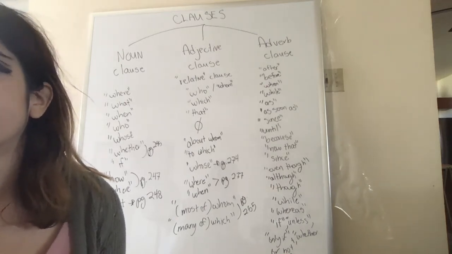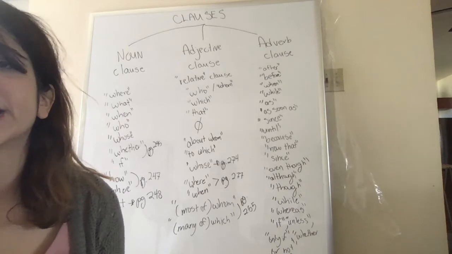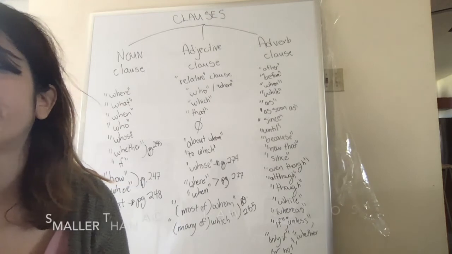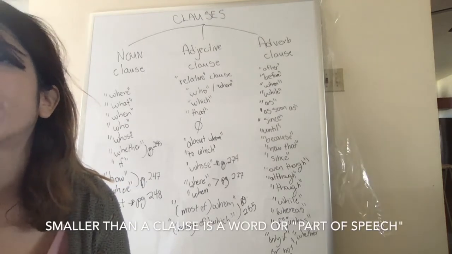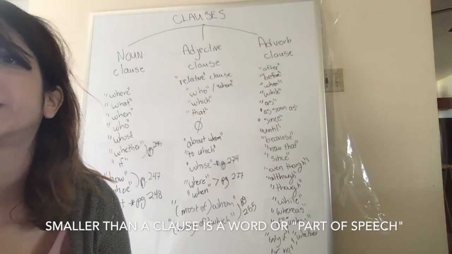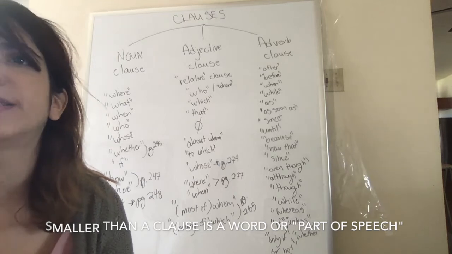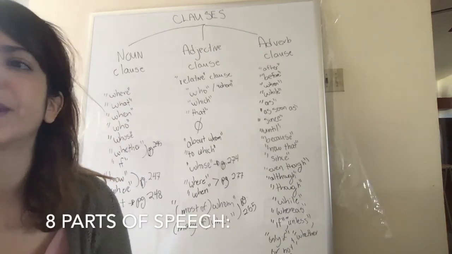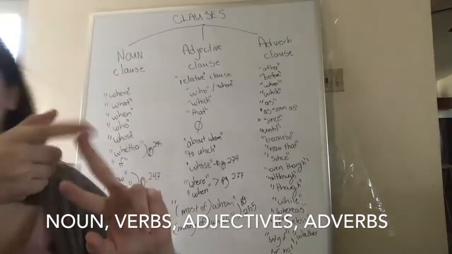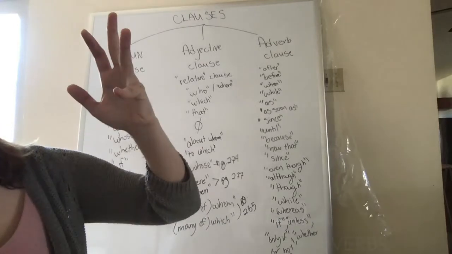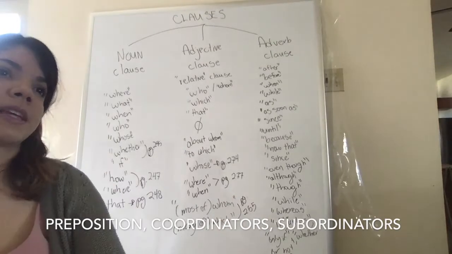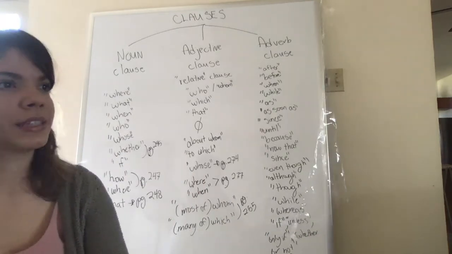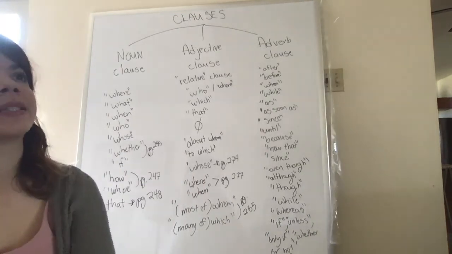After clauses, we have phrases. After phrases, we have grammatical categories. When we use the term grammatical categories, we're referring to the parts of speech, the 8 parts of speech. What are the 8 parts of speech? Noun, verb, adjective, adverb, preposition, coordinators, subordinators, and I'm missing one, probably one of the small ones.